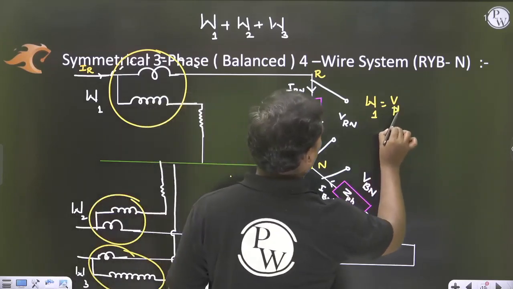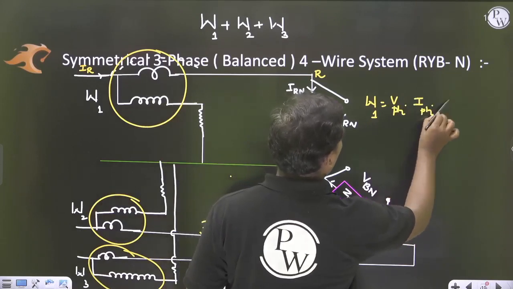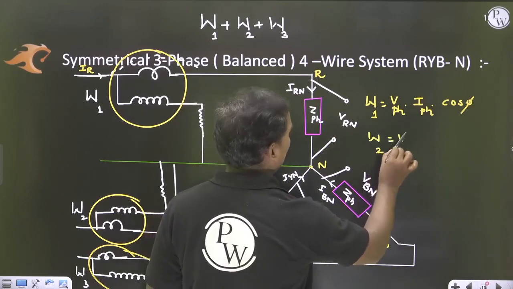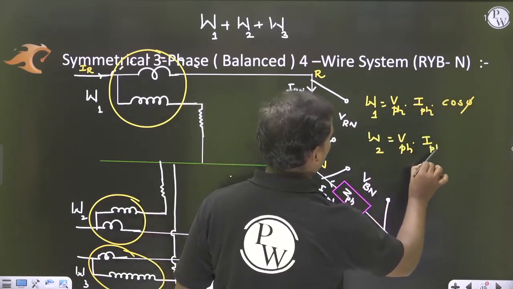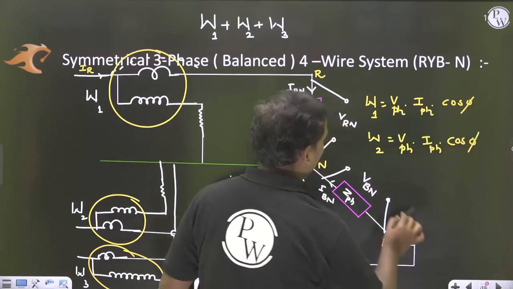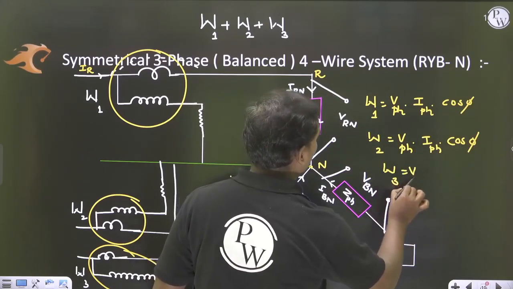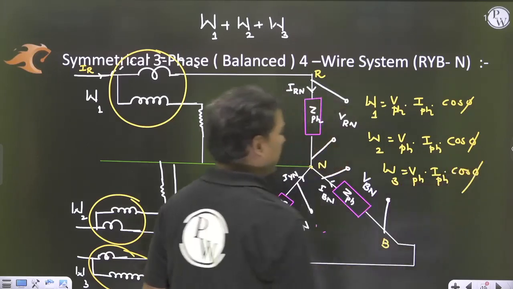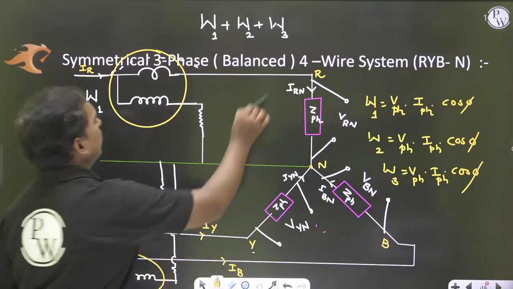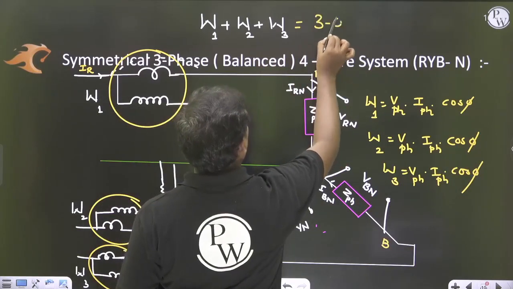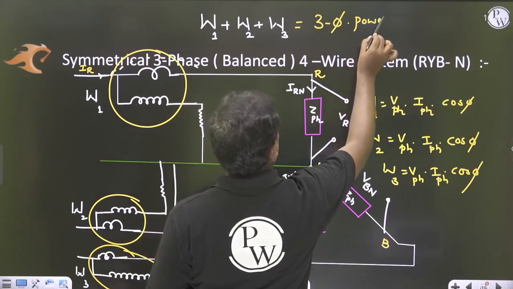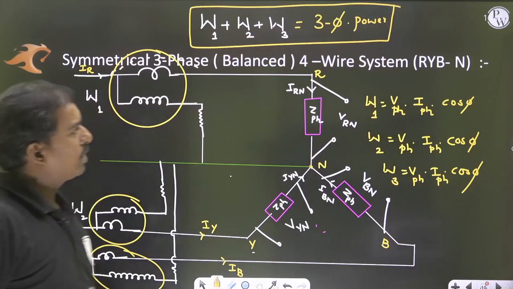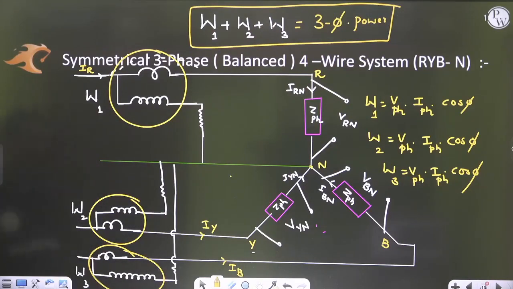So W1 is giving the VPH, IPH cos phi. W2 will give again VPH, IPH cos phi. W3 will give you VPH, IPH cos phi. So altogether the total sum is the total three phase power by the wattmeters. 3 wattmeters have been used.